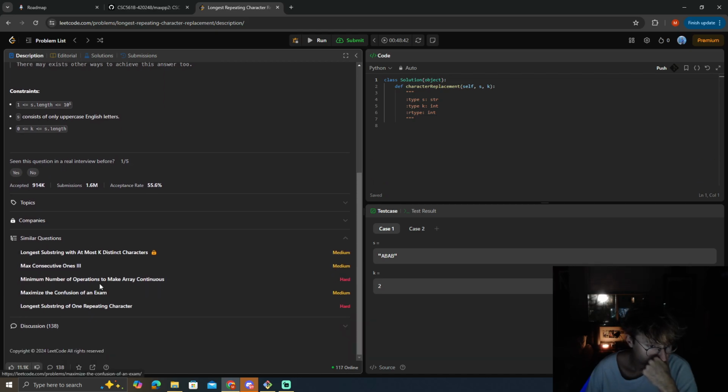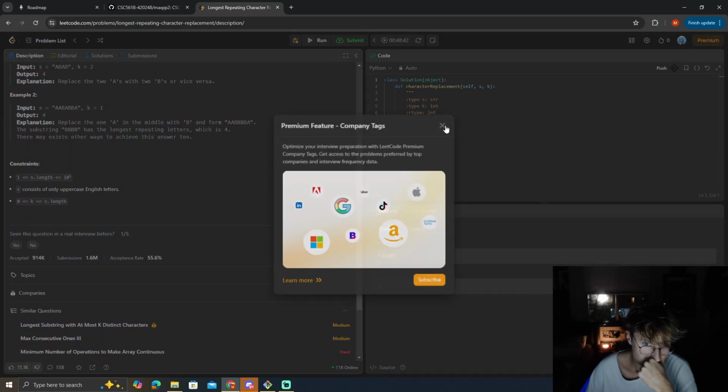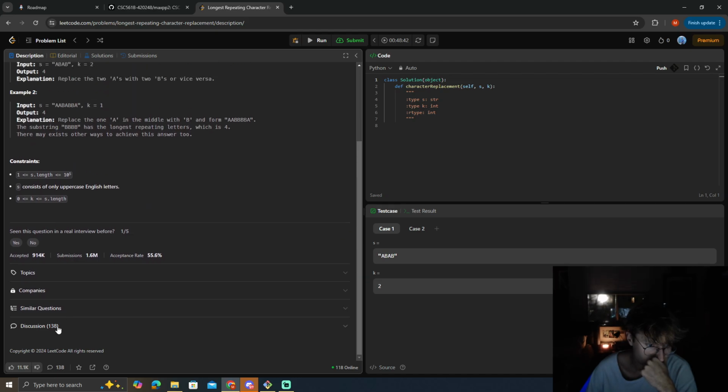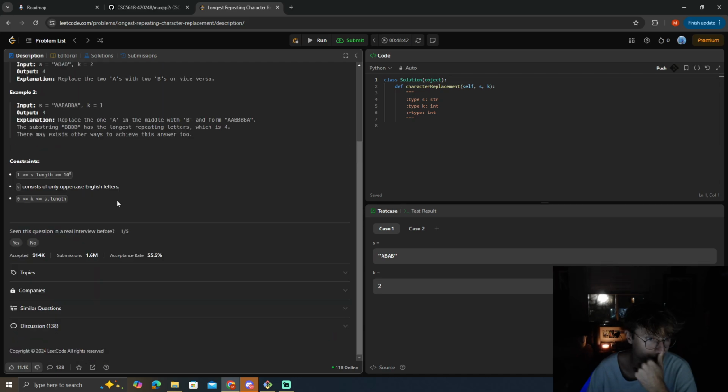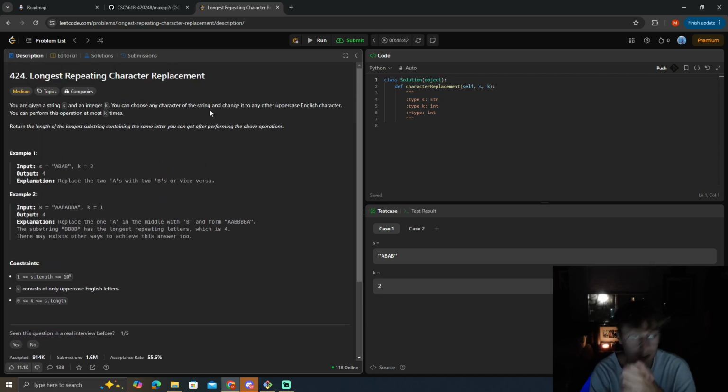Some more questions. We got no hints. Sucks. Well, we obviously know it's a sliding window problem, so I guess let's think about the way that we can do this.